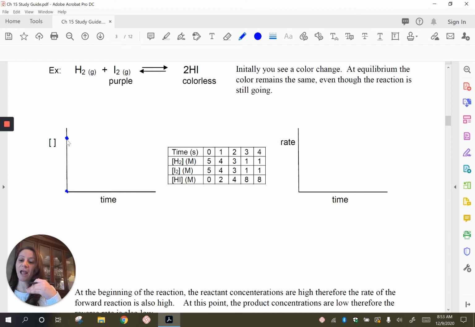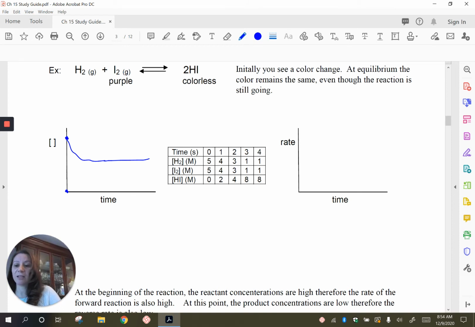So as I go through my reaction, my reactant concentrations are going to get smaller because the reactant particles are being used up. So you're going to see something like this. Okay. And then once you reach equilibrium, the concentration of the reactants does not change. It remains the same. And so it continues steady like that.